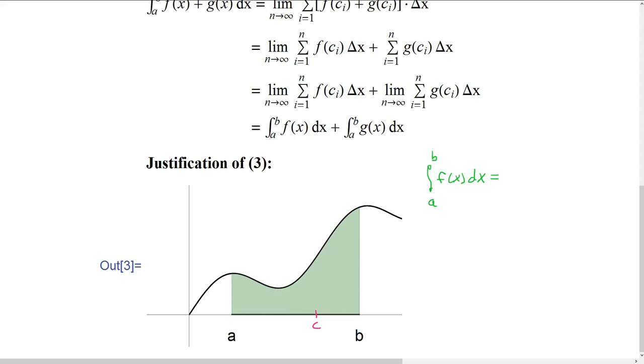And notice if we think of breaking our shaded region up like this, this is equal to the area from A to C, which is represented by our definite integral from A to C, plus the area from C to B. And there, we've obtained our result just by looking at it graphically.